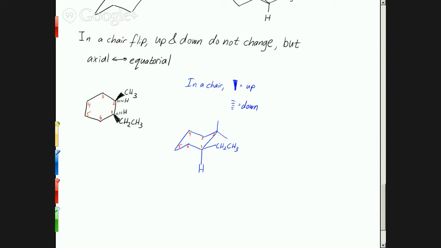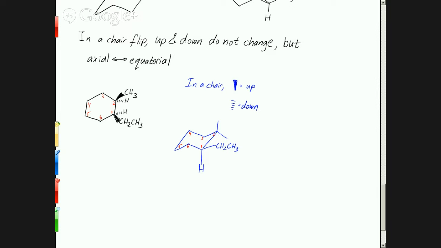That's why we put both bonds in first, so we can find the one that's up and the one that's down, and put the things on them accordingly. So let's just say for number 1 on the hexane, if we made hydrogen up and the other one down, then it would be switched here. That's right.